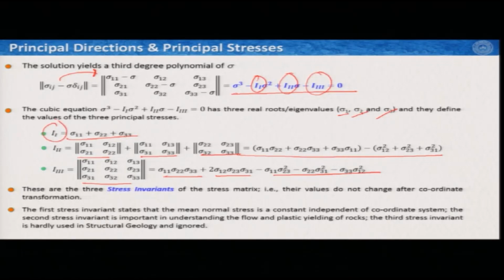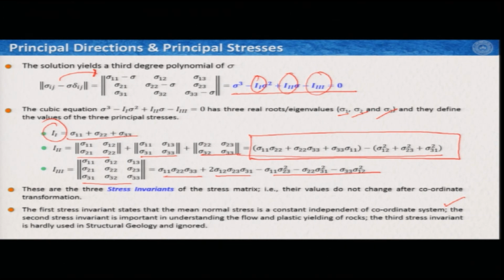Now, the first one, I1, is the mean normal stress and is a constant independent of the coordinate system. We will learn soon what mean normal stress is. The second stress invariant, which is commonly expressed this way or in matrix form this way, is generally applied when you try to understand the flow or plastic yielding of rocks.